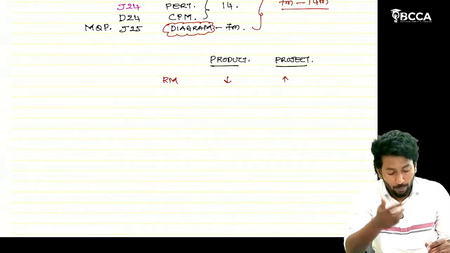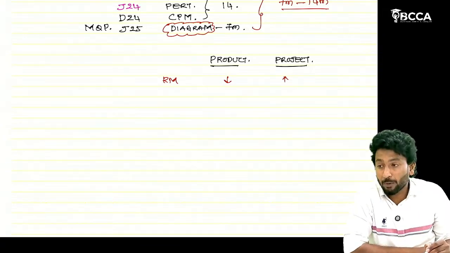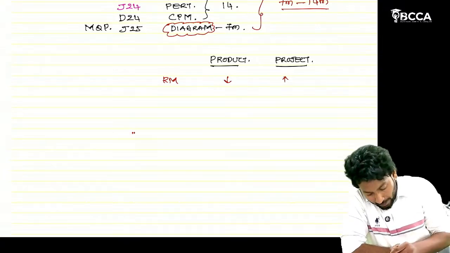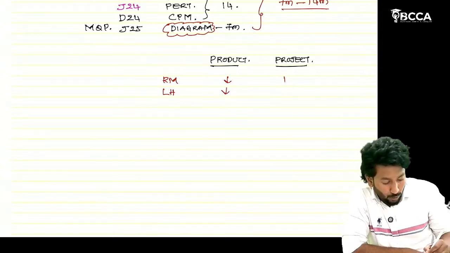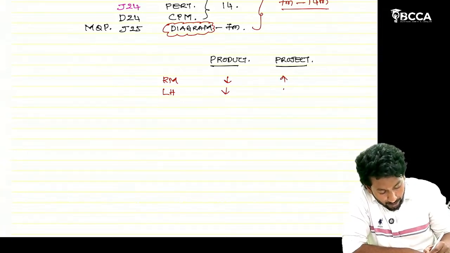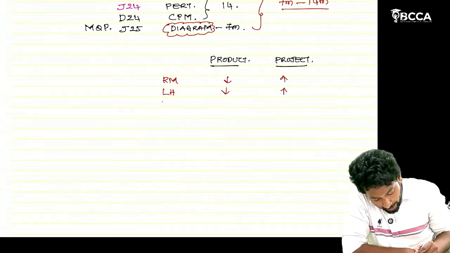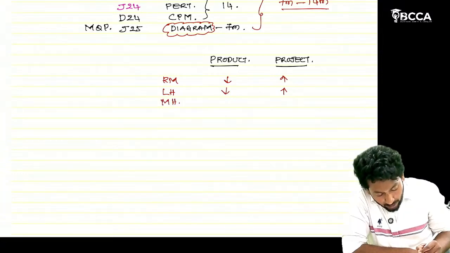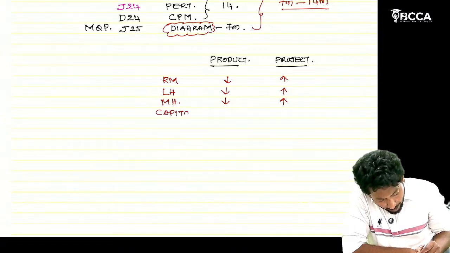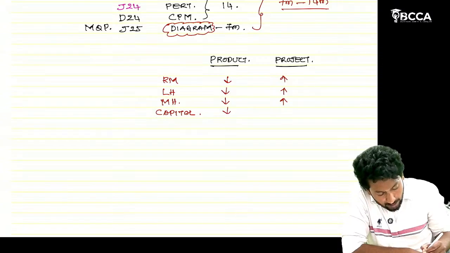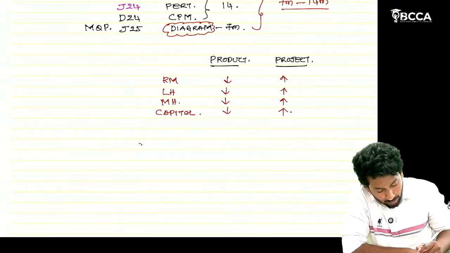So a project consumes huge raw material. Coming to labor hours, fewer labor hours are needed to produce a product, but for a project a huge requirement will be there. The same for machine hours. From the capital or money point of view, a product needs less investment, a project needs huge investment.